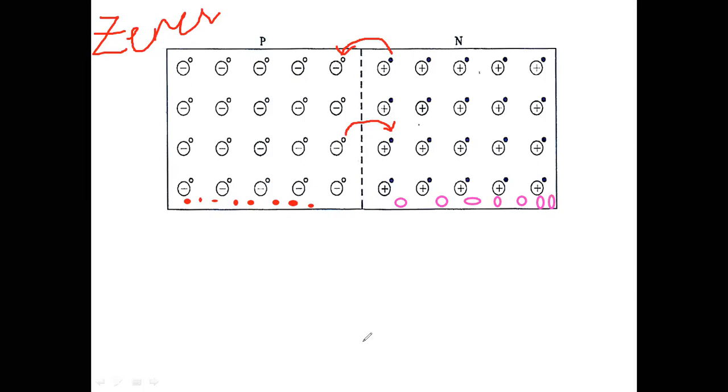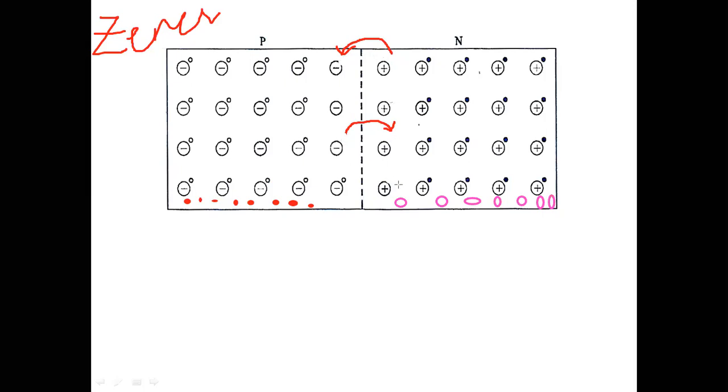This electron and this hole recombine such that uncovering of atoms takes place. Uncovering of ions takes place. This is called ionization. So at the junction, atoms are ionized.